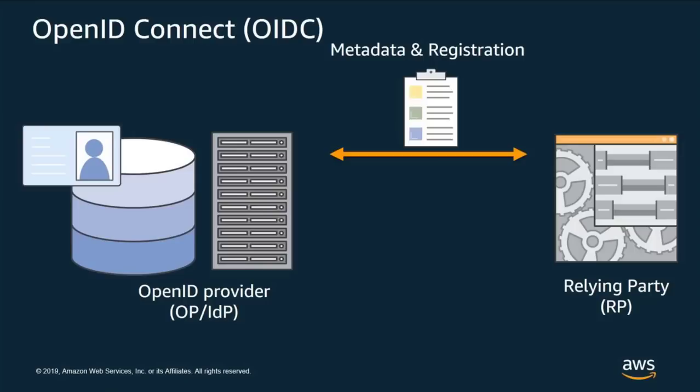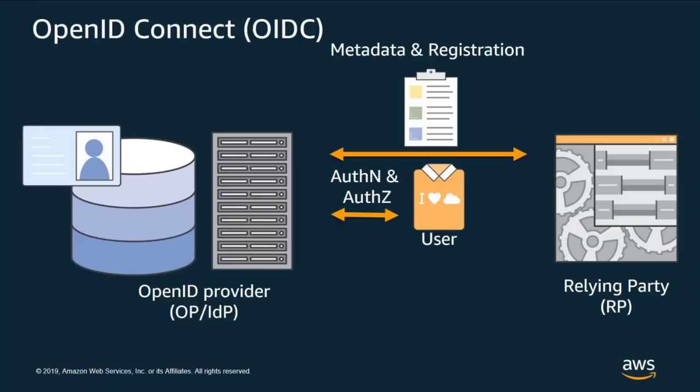And now these two get together ahead of time. The OpenID Connect provider provides some metadata that talks about known endpoints for their various services and things of that nature. And the relying party will generally register with the OpenID provider, getting a client ID and client secret that it uses to identify itself. And then at runtime, when the user comes about, all of the authentication happens up to the identity provider, right?